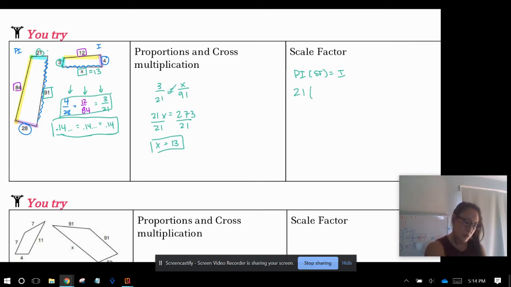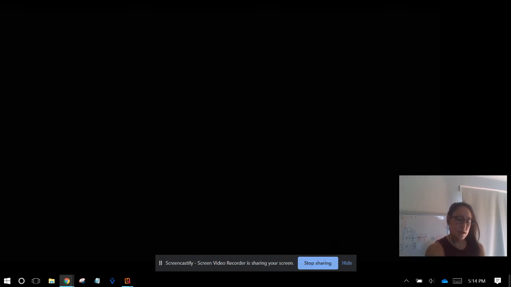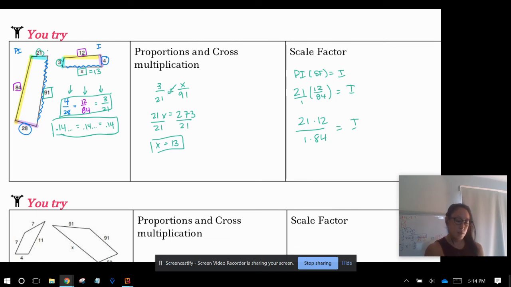So let's do 12 over 84 is equal to the image length. So this is 21 over 1, so I do 21 times 12 over 1 times 84 is equal to the image length. So 21 times 12 divided by 84, my image length is 3.